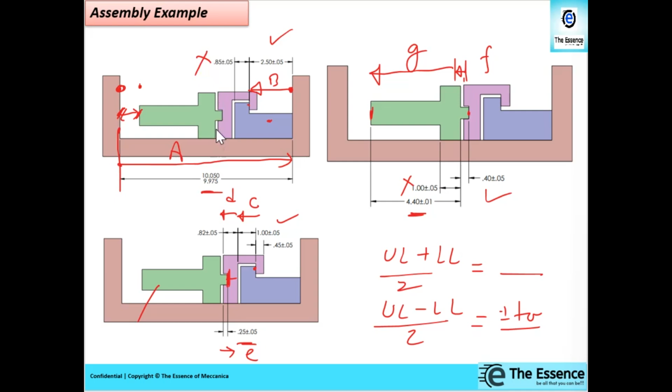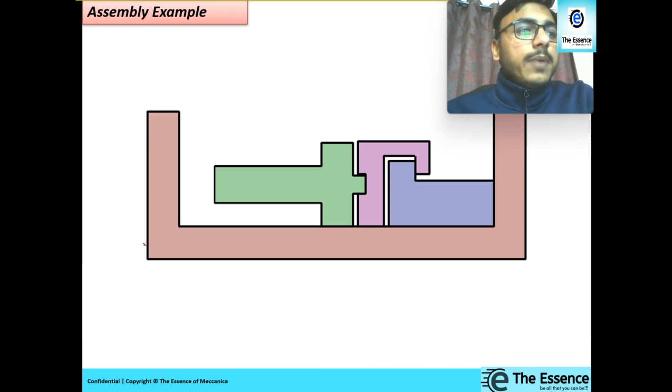We have to consider whether a dimension is going to affect the tolerance stack up, whether it is going to affect this gap or not. These dimensions are not going to affect it, so we are not going to include them in the tolerance stack up analysis. In this way we prepare the loop, then you can prepare the stack up table as well. So this is how we prepare the loop, right?